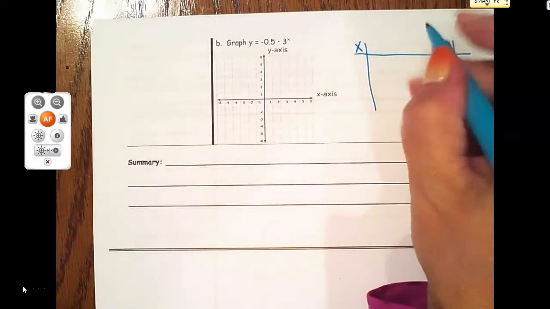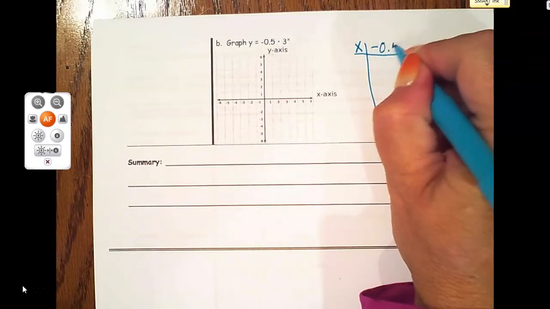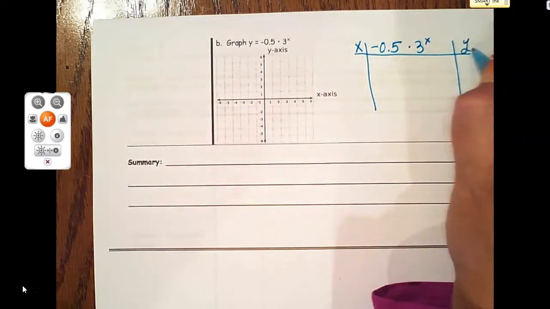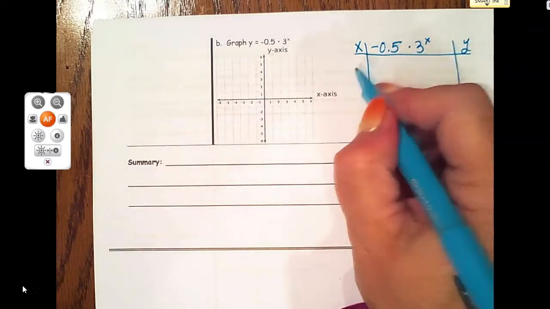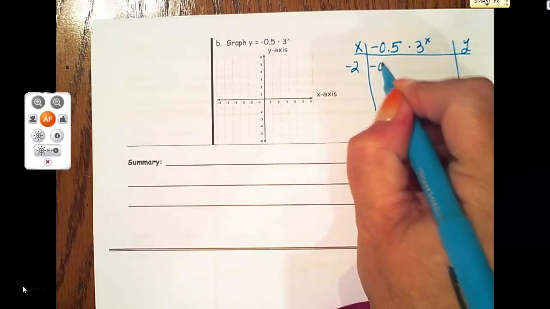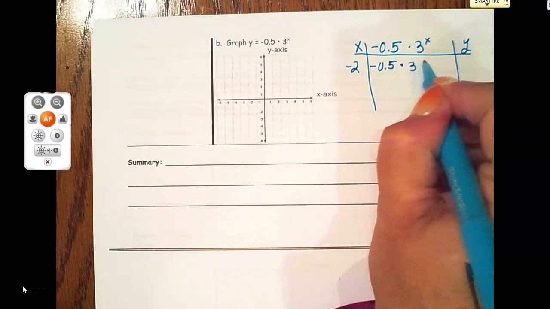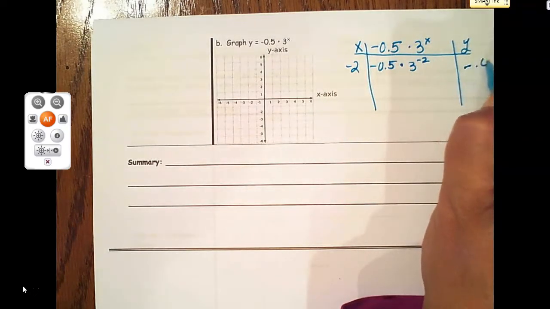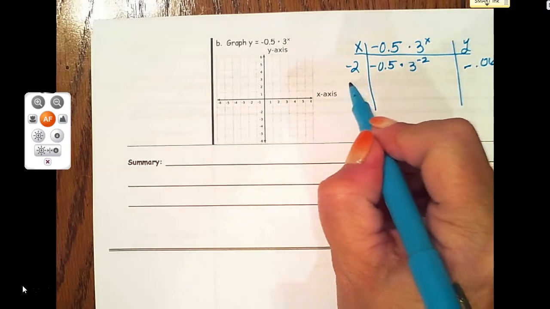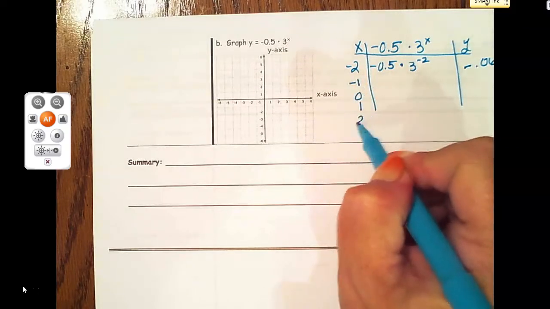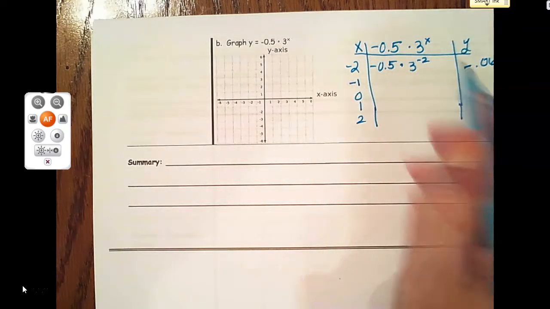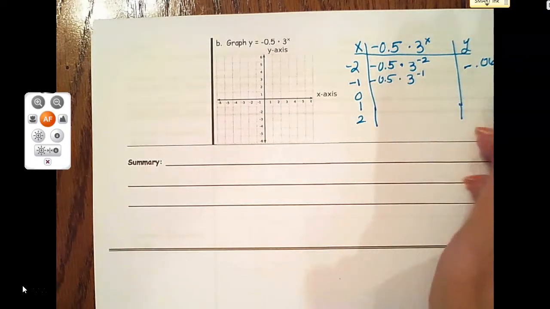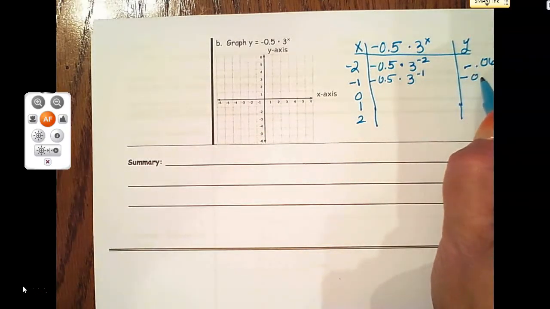I'm plugging in -0.5 times 3 to whatever x is, and I'm getting y. So when I plug in a -2, I'm doing -1/2 times 3 to the -2 power. That's actually a calculator problem, and you're going to get -0.06. I'm going to do my same 5 x's and plug in for each of those.